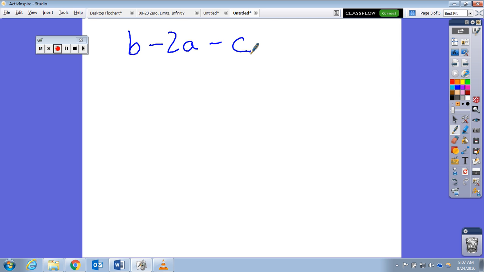This is not a bad idea to change to addition, because really it's like b plus a negative 2a plus a negative c.